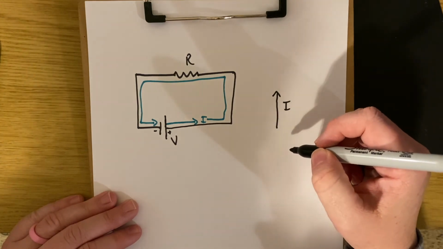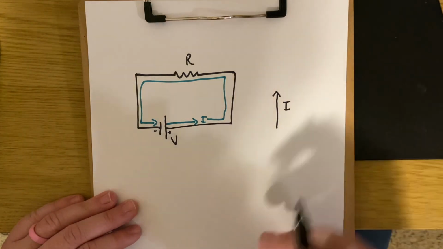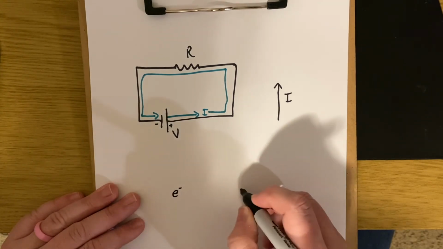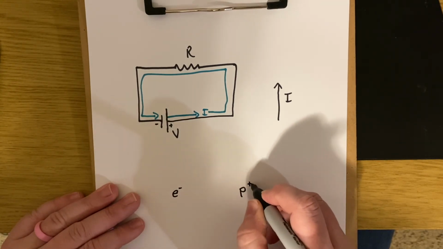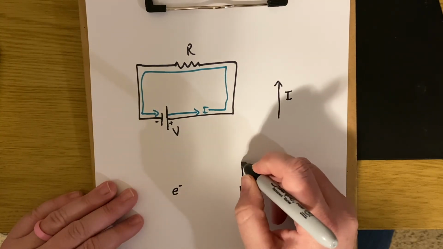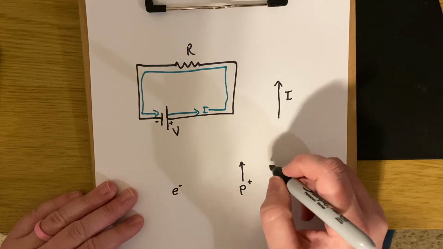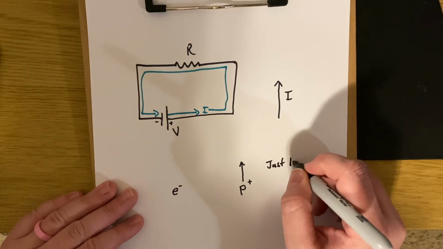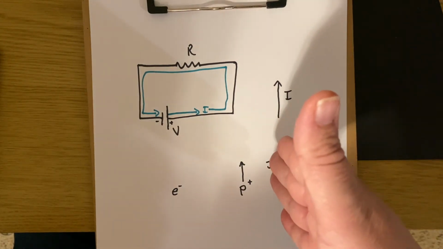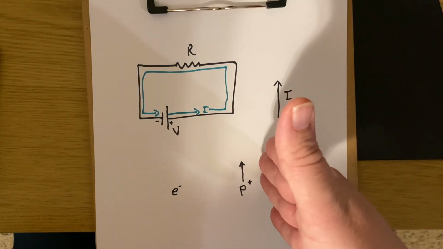So it's not a problem if we're just talking about current, but in some of the stuff we'll look at, we'll talk about having an electron, a single charge, or a proton move up the page. If the proton is moving up the page, we can treat it just like current, and we would put our thumb in the direction of the proton motion.